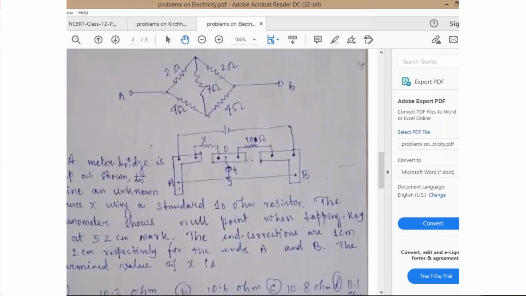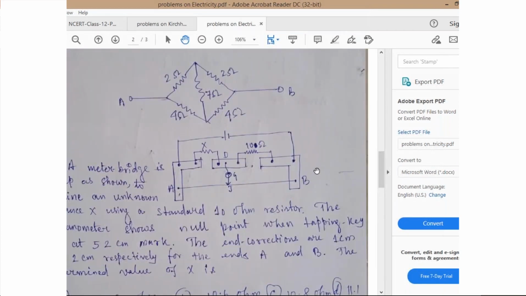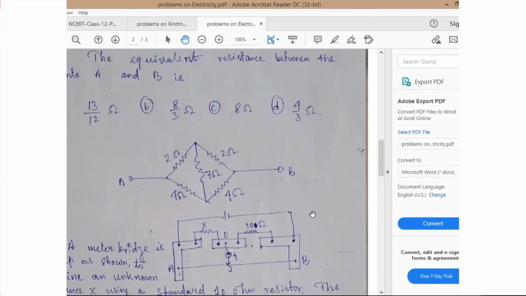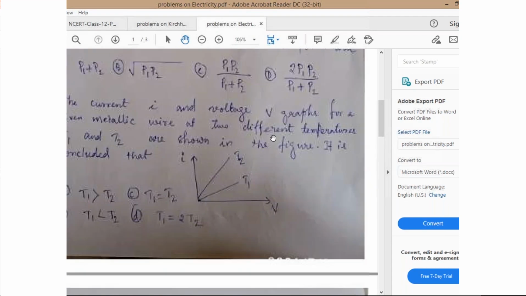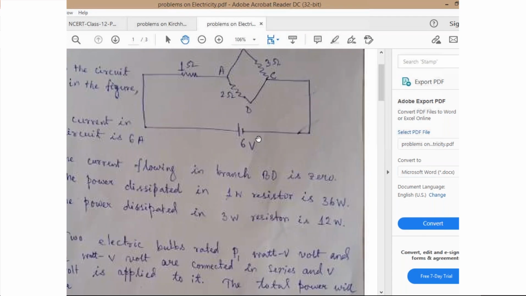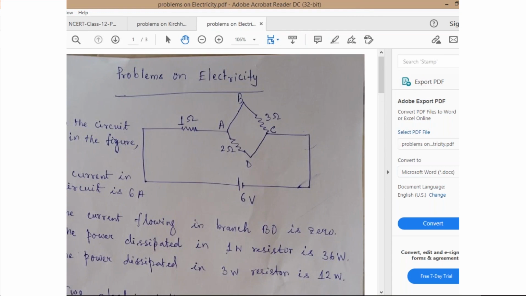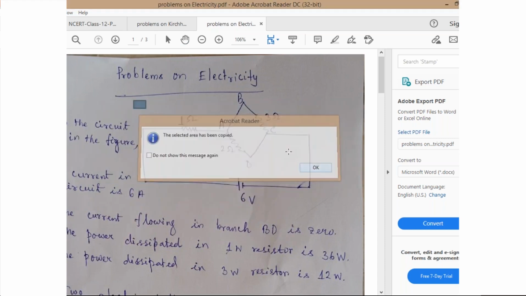Here also there are 6 problems. I hope I'll be able to finish this in time. Maybe I may go up to 7:15. I'll take up the tricky problem here. See here, the first question is this one.